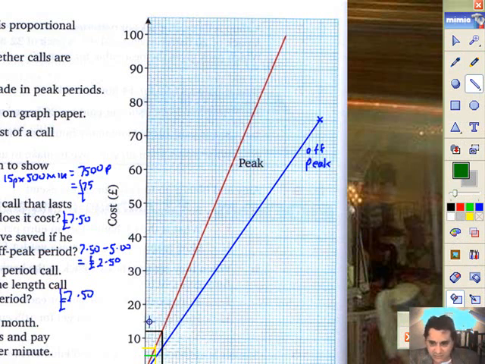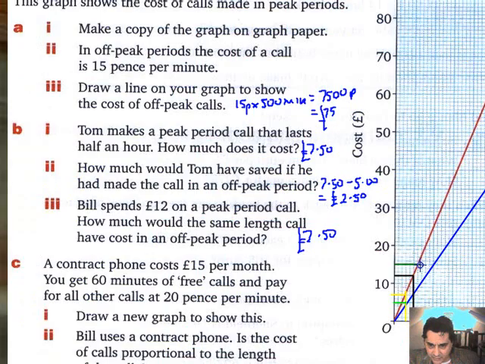So for the first 60 minutes I'm paying that. I think I've overshot it by about a square, but anyway, forgive me. So that goes across there, 60 minutes for that flat rate of £15. And then I pay everything else at 20p per minute.